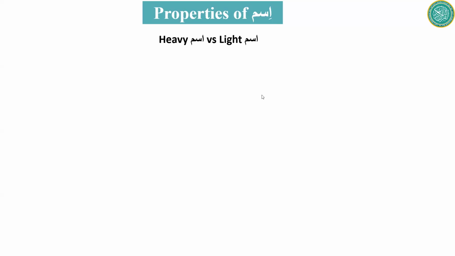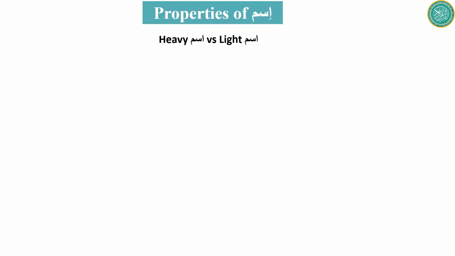Okay, how do we make them light? Emma. You can make them light by getting rid of the noon, like Muslimu, Muslimi, and Muslima, and anything like that.